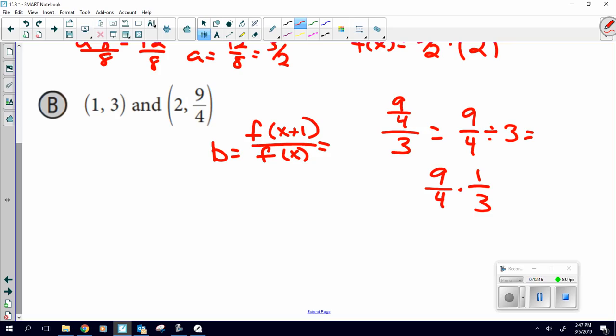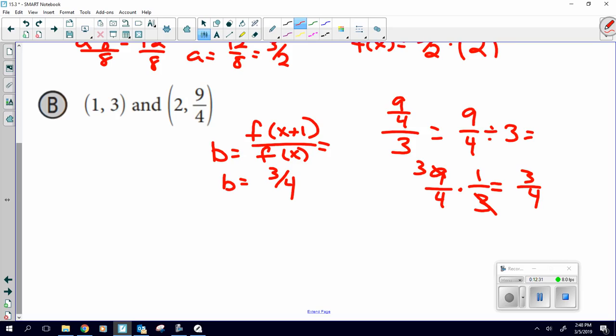Do some cross simplifying, and we find that this is 3/4. So we know our b is equal to 3/4.